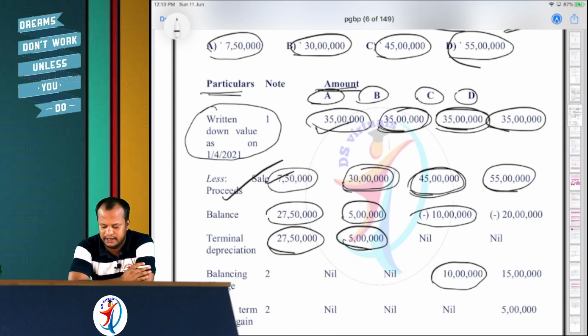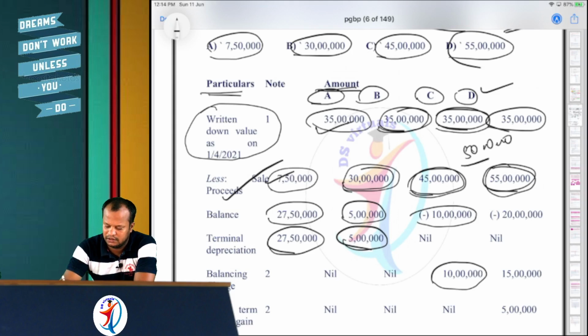Remember that in case C, sale proceed is 45 lakh but original cost is 50 lakh. Here sale proceed does not exceed original cost. Yes or no? Yes. But in case D, your sale proceed is 55 lakh. Actual cost is 50 lakh. So the excess of sale proceed over actual cost is 5 lakh.